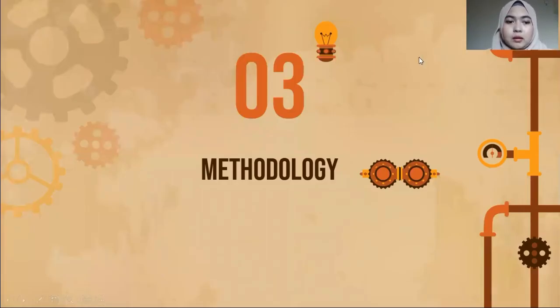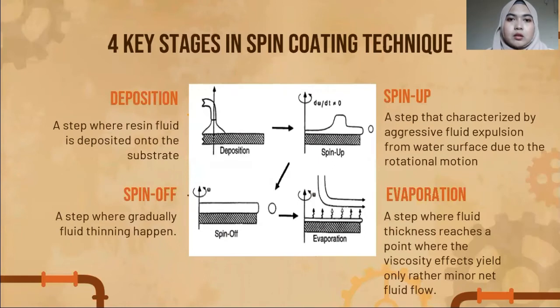Next, we will continue with the third section, which is the methodology section. In the methodology section, there are four key stages in the spin coating technique. The first stage is deposition. Deposition is a step where resin fluid is deposited onto the substrate.